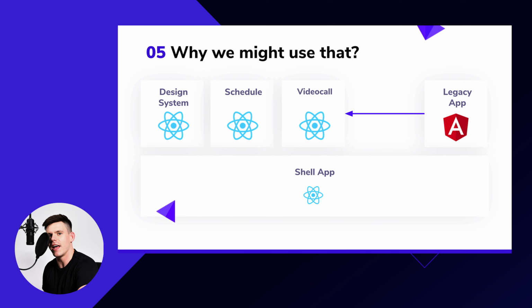Why might we want to use that? The question is good, and there are good answers too. First of all, if our backend architecture assumes that we will be creating a lot of microservices with certain responsibilities, we should think about how to create our frontend layer in the best manner.